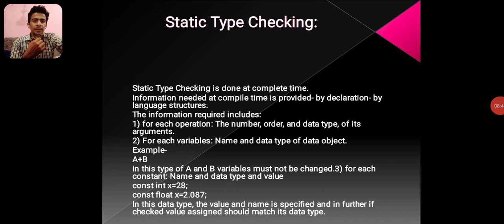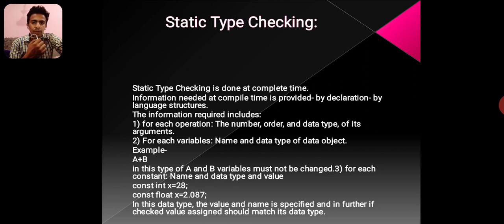Static type checking. Static type checking is done at compile time. Information needed at compile time is provided by declaration by language structures. The information required includes: number 1, for each operation, the number, order and data type of its arguments.